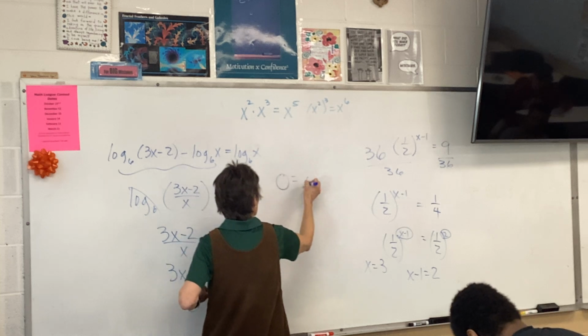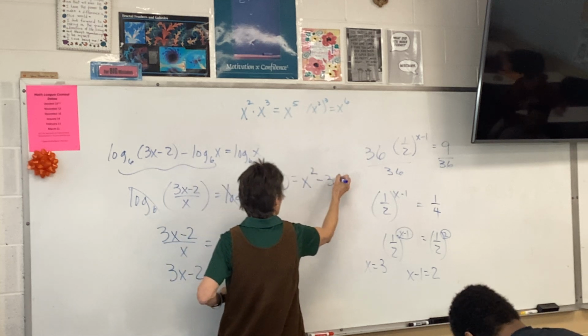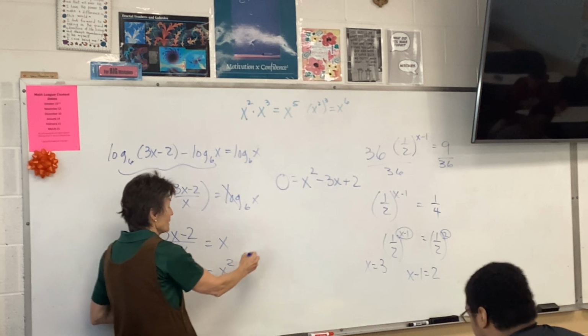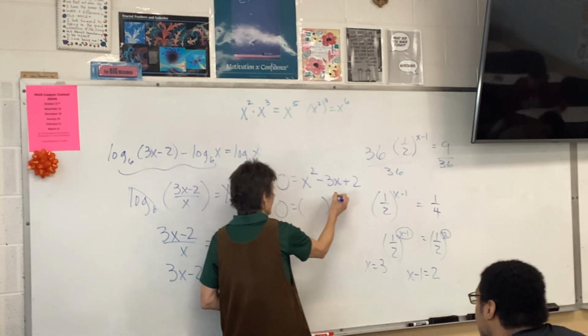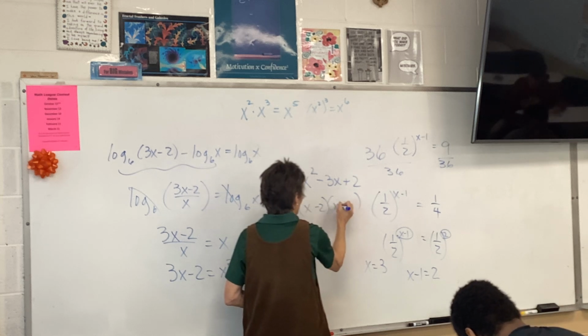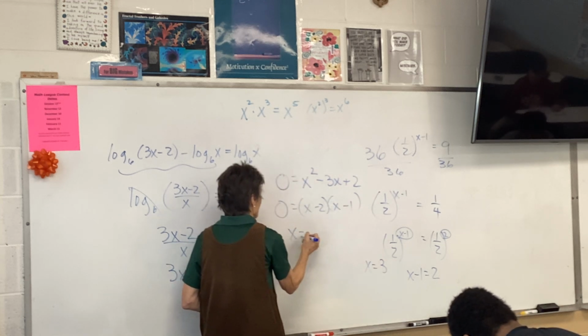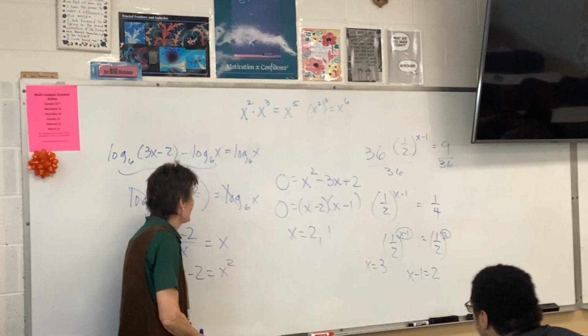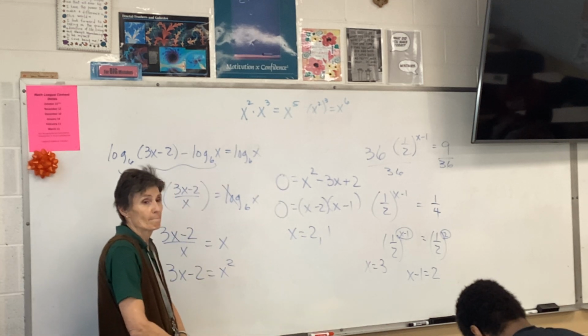Yep. So x squared minus 3x plus 2. Move these guys over. And then factor. And it looks like my answers are 2 and 1.